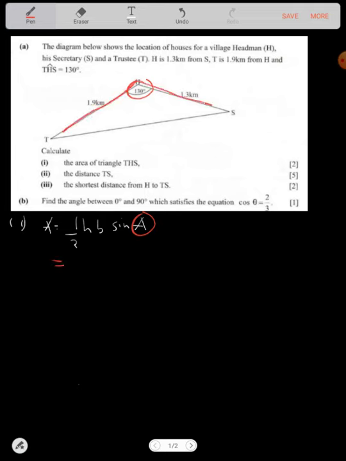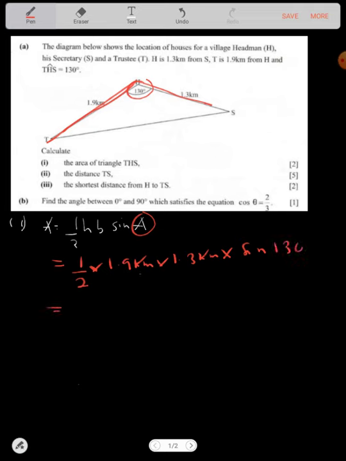So we're saying this is half, h becomes this 1.9, times 1.3, times the sine of 130.